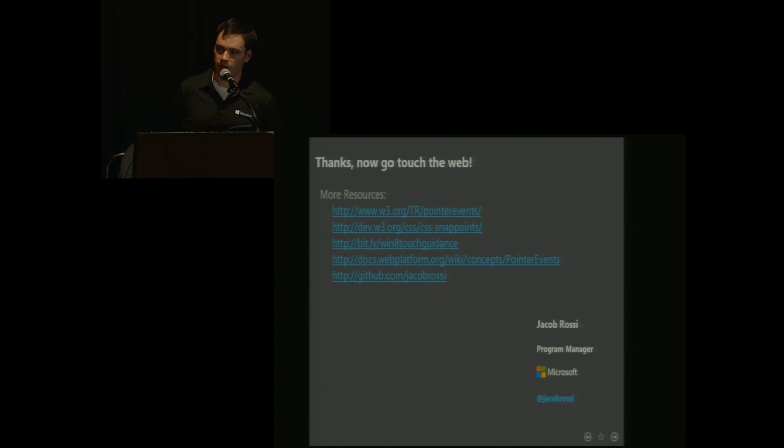Yeah, so if the browser decides it should pan in the y direction, then you're going to get a pointer cancel. You're not going to get the pointer input while you're moving in that direction. But if instead you move in the x direction, or any other type of interaction that the browser decides shouldn't pan the page in the y direction, then you get pointer input for that data.